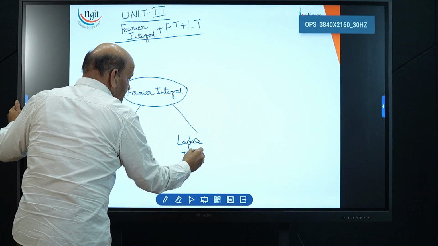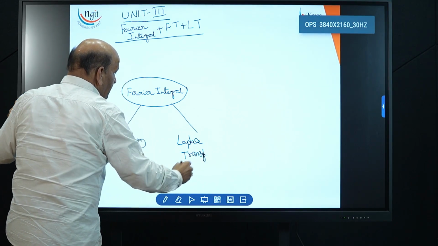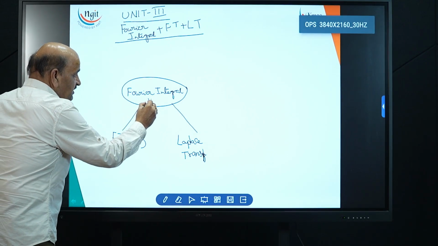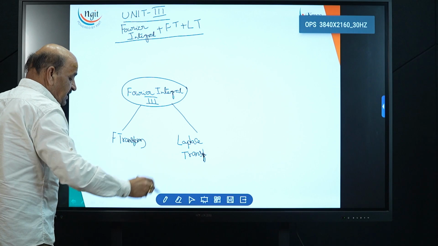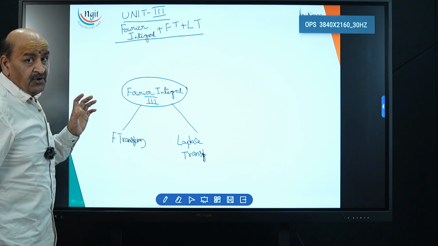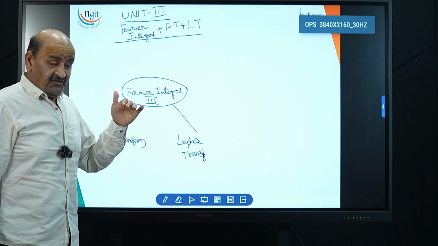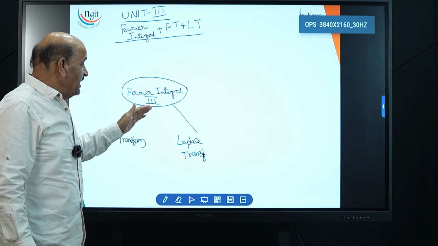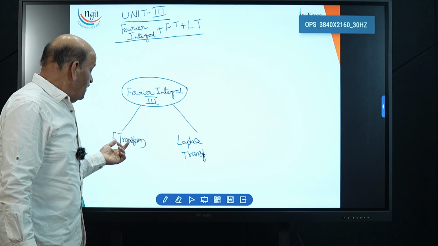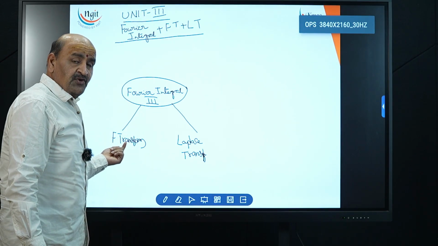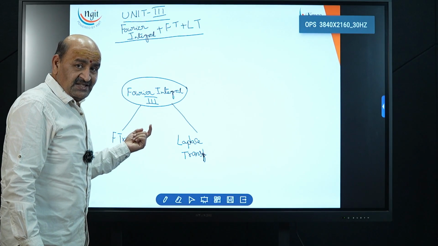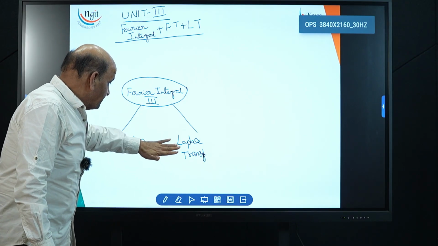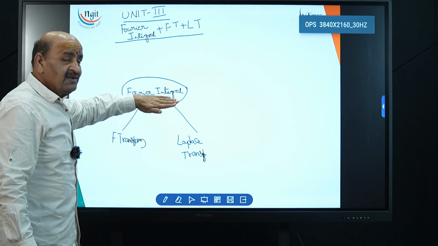Now just look at this binary structure. This is unit 3. In unit 3, the main part is Fourier integral. Under this integral, it has 2 more children, but as far as our syllabus is concerned, we are focusing only on Fourier transforms and Laplace transforms. So for Fourier transforms and Laplace transforms, the base mother is Fourier integral.